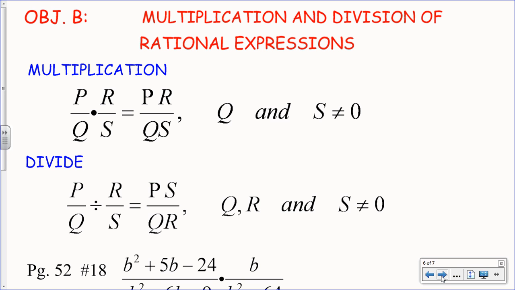When we divide, you multiply by the reciprocal of the second fraction. So the second expression, you have to do the reciprocal, and then you multiply across the top, multiply across the bottom. So that's why it's P times S over Q times R when we divide.